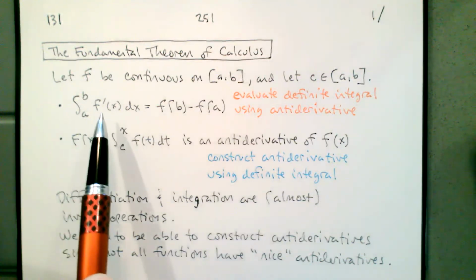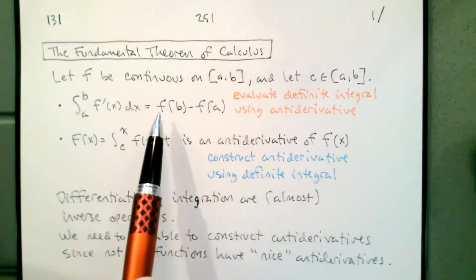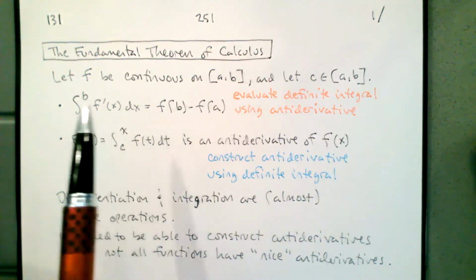So f prime is the derivative of f, and that means that f is the antiderivative of f prime.